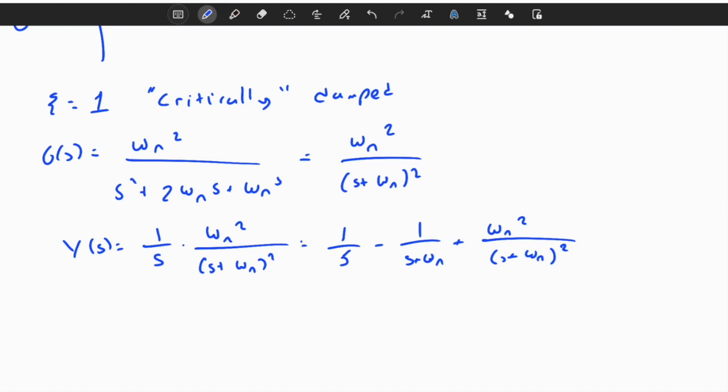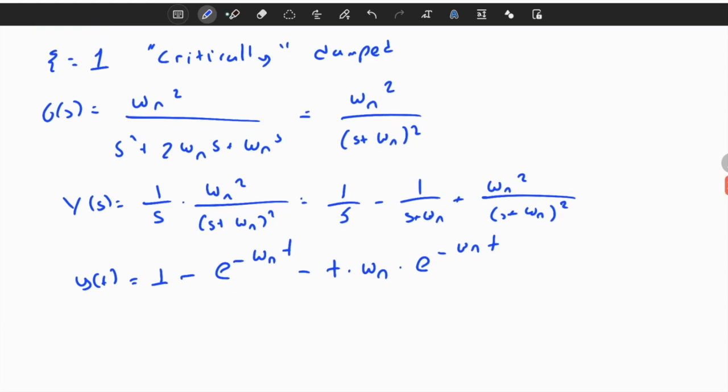Now we can find the step response by taking the inverse Laplace transform. Y of t is equal to 1, because it's a step, minus e to the power minus omega n t for the single root, minus, for the double root, t times omega n times e to the power minus omega n t.